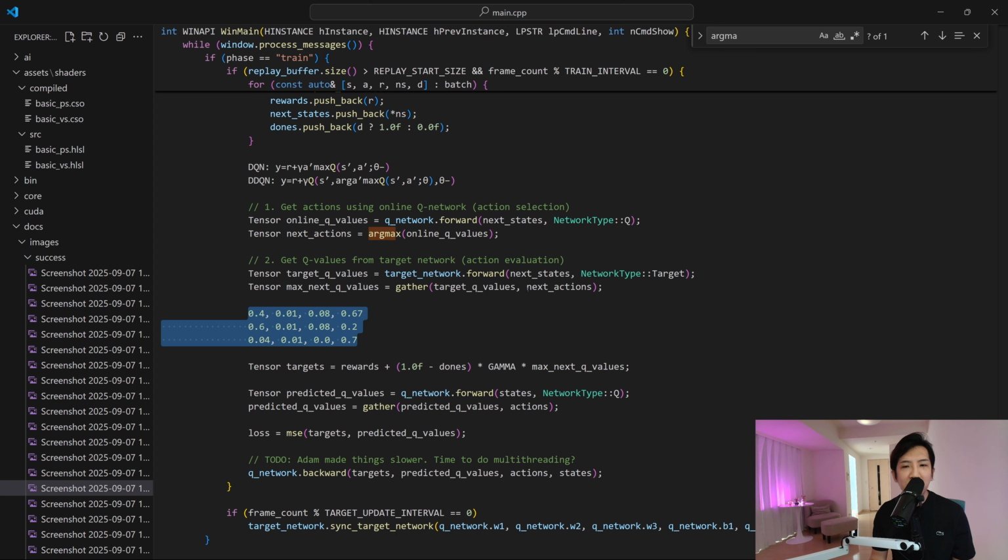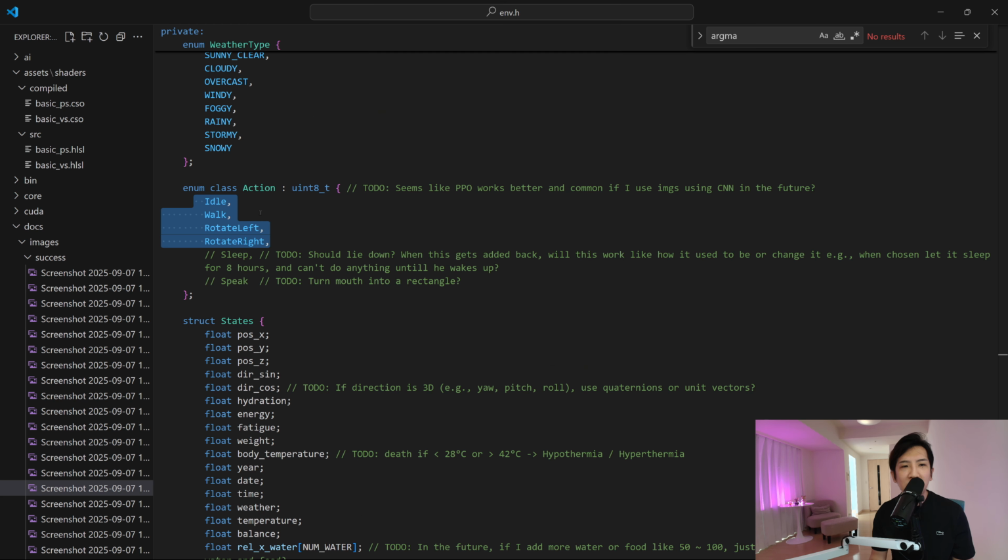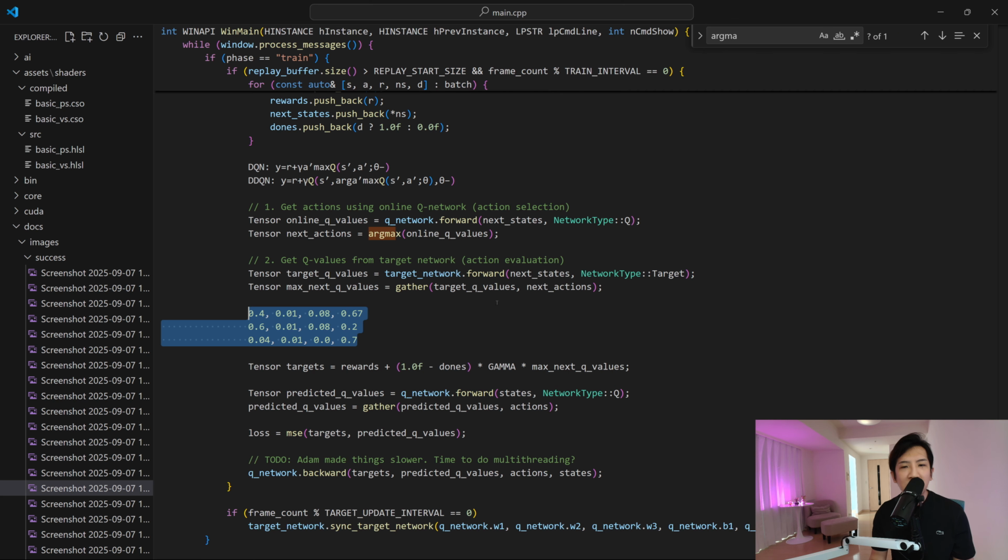This would be some kind of values or index from 0 to 3, because I only have 4 actions, so the indexes will be 0 to 3. So this will just contain some values ranging from 0 to 3.